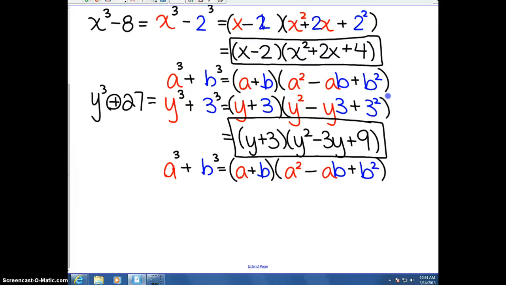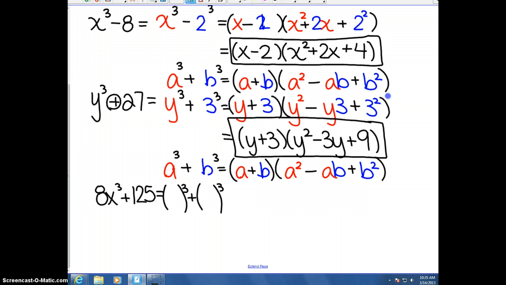So let's say instead of something like x cubed minus 8 or y cubed plus 27, let's say that we have the expression 8x cubed plus 125. Sorry about the smushed writing there.